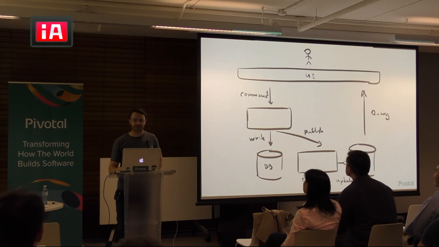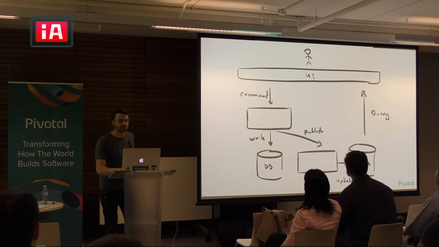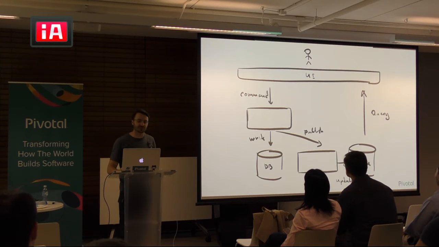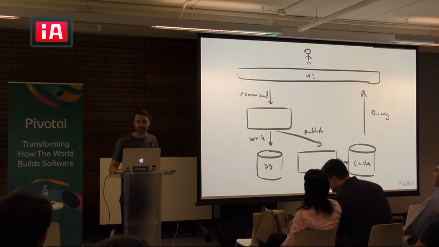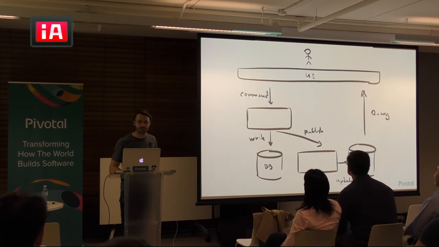And that's complexity. So this is the simplest representation of CQRS. You have the UI and commands.